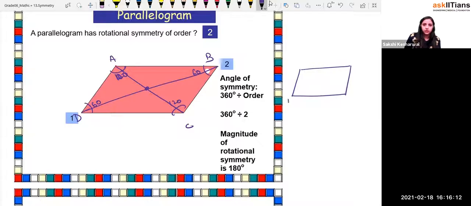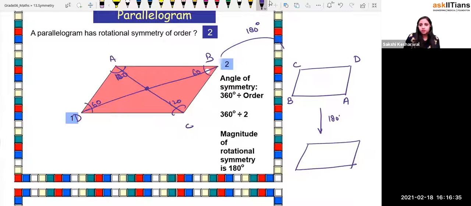So this is B, A, and so on. This is going to be reversed, like rotating 180 degrees, right? And again, if you rotate this by 180 degrees, it will become the same again. So it will be A, B, C, and D, right or not? Yes. So if you rotate this by 180 degrees, A will come over here, B is going to come over here, C is going to go over there, and D is going to come over here. So the order is what, beta? 2.